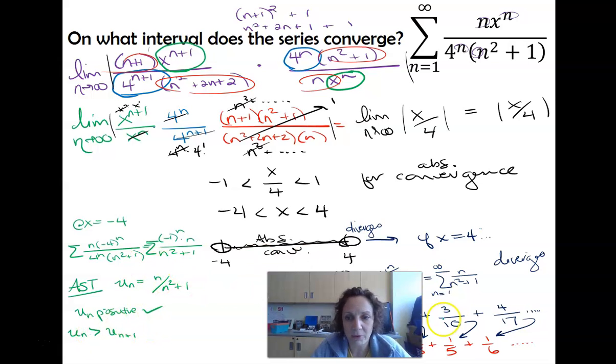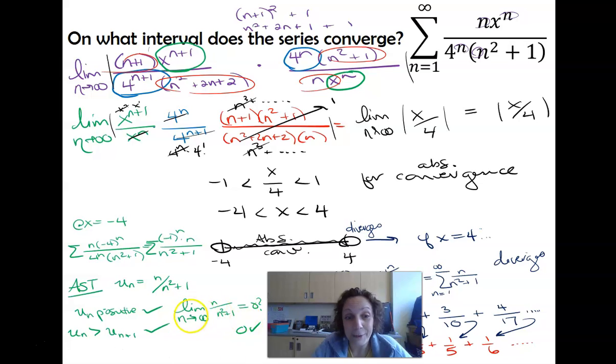Well, look at the terms of our series: 0.4, 0.3 repeating, something less than 0.25. Yeah, they're getting smaller. And then last but not least, is the limit as n approaches infinity of this thing going to 0? Look, first order on top, second order on the bottom, that's going to 0.